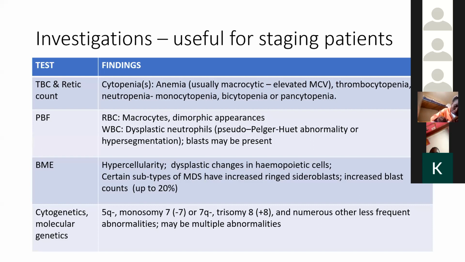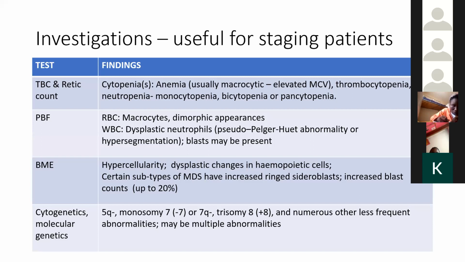So when we look at the bone marrow, we look for the dysplasia, we look for the numbers of blasts, and then we try to characterize or classify what type of myelodysplastic syndrome we are dealing with. And then, as I said, we really do need cytogenetic and molecular genetic tests, because with these we are able to confirm our diagnosis.